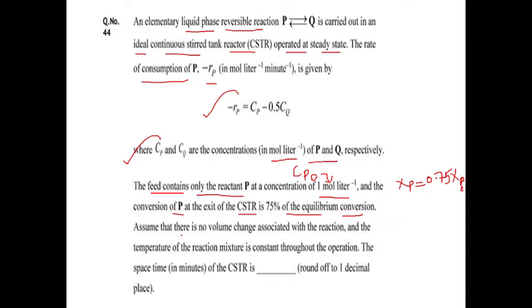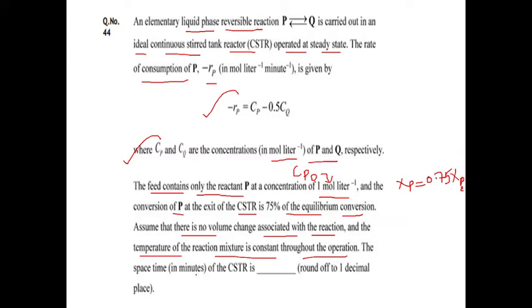Assume that there is no volume change associated with the reaction and the temperature of the reaction mixture is constant throughout the operation, that is constant temperature or isothermal condition.